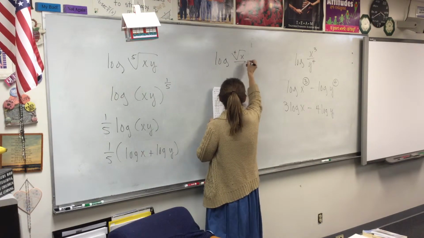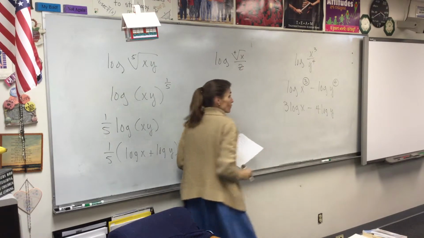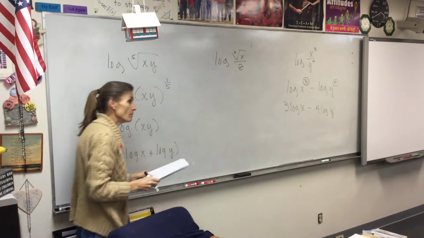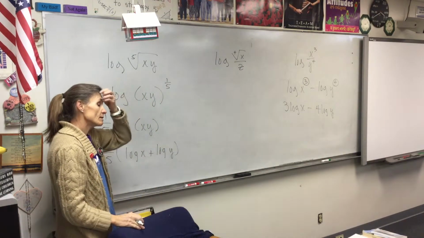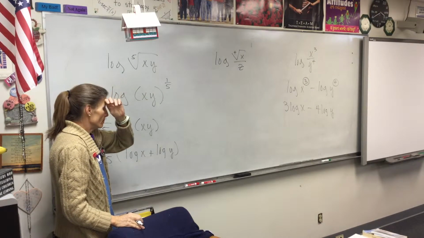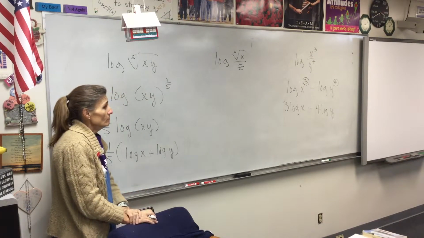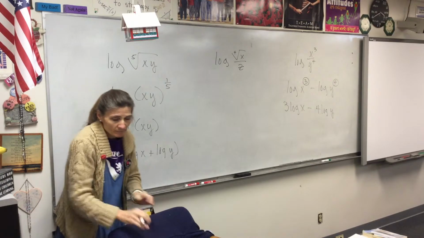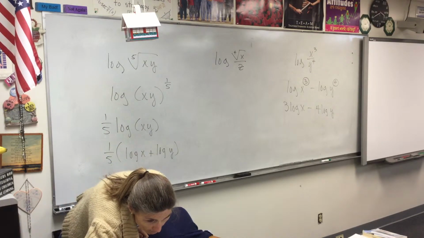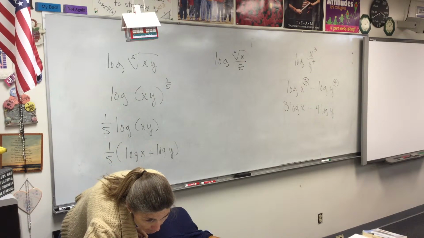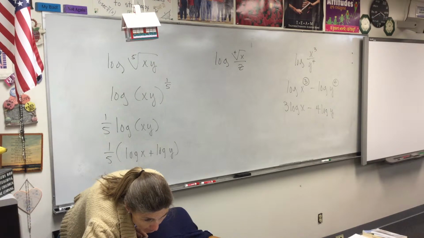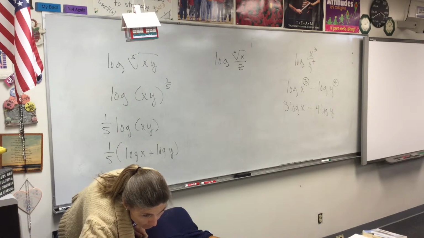Take a shot at this one on your own. It's a little bit complicated, but see if you can get this one on your own. Will you be subtracting it instead of multiplying it?